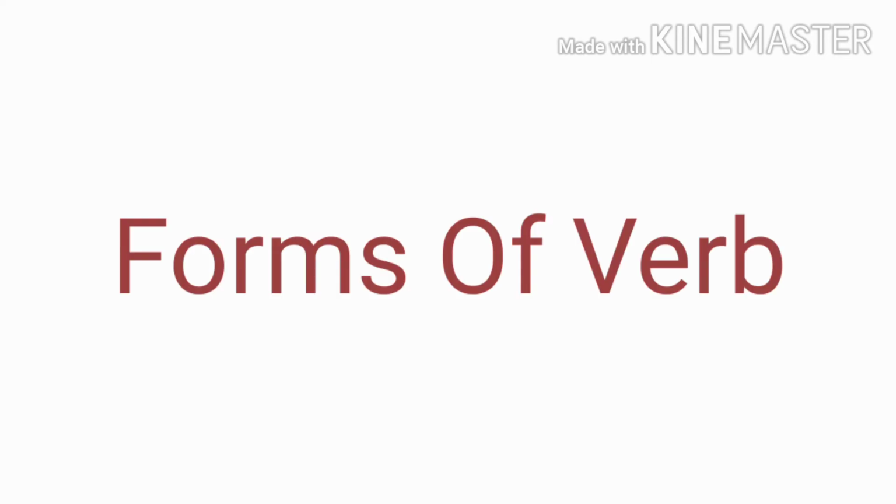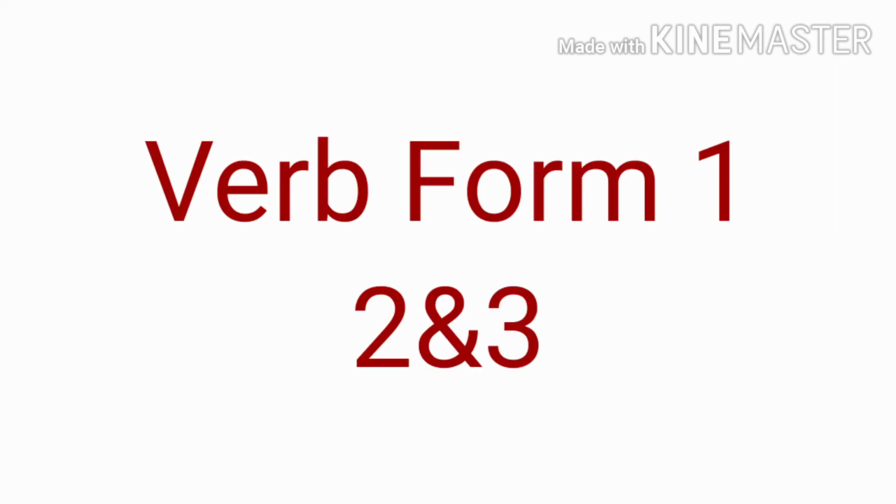So I told you that there will be 3 forms, that is first form, second form, third form, according to the tenses. I'm not telling all the verbs, I'm just describing the three forms. Whenever you want to write first form of verb, we'll make it a little short.